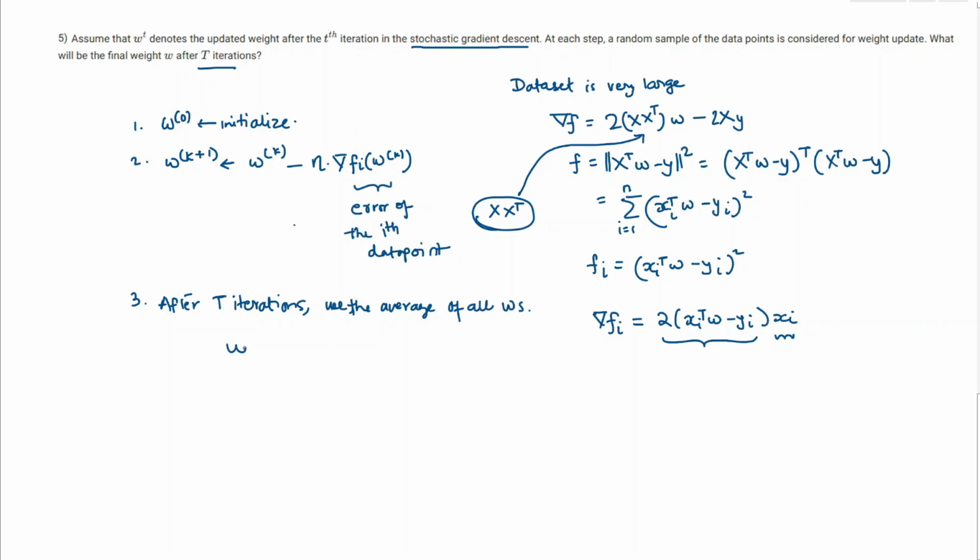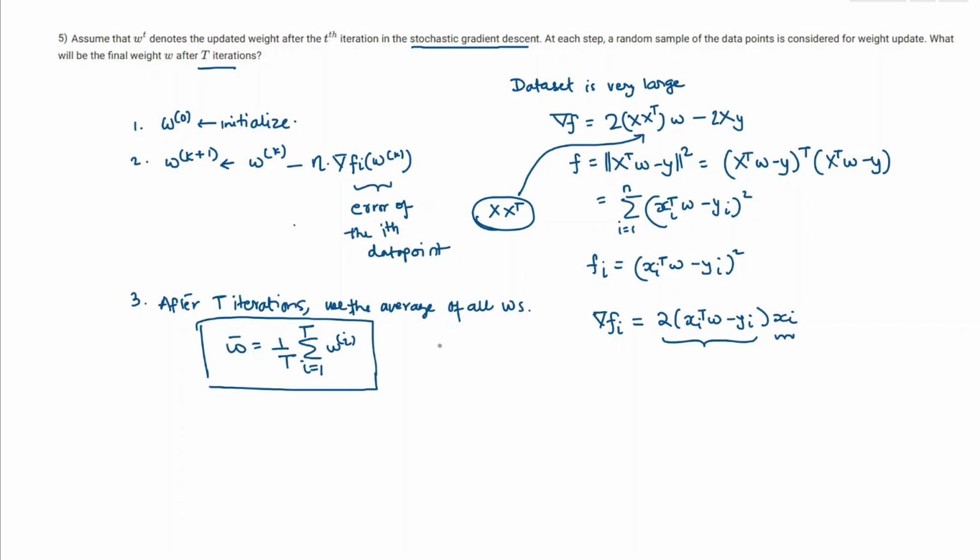What does that mean? We will be using W bar equal to 1 by T times the sum of W_i, i running from 1 to capital T, right? So essentially this means that we'll compute it for each data point separately, and then we will average them, okay?